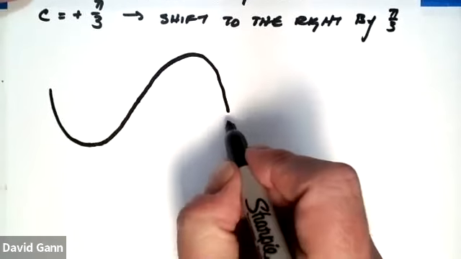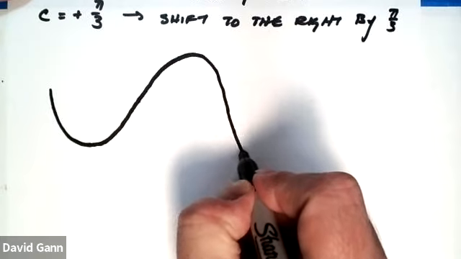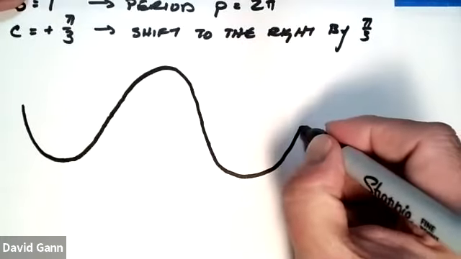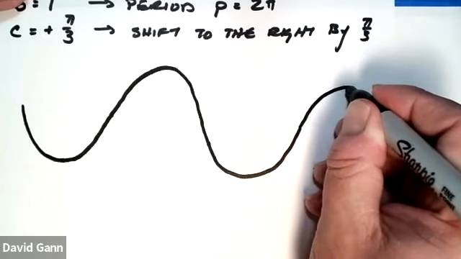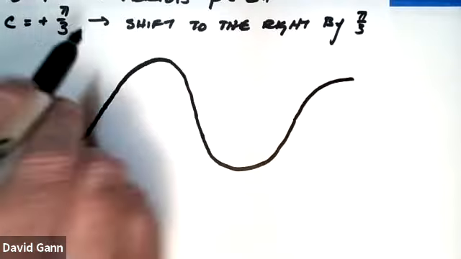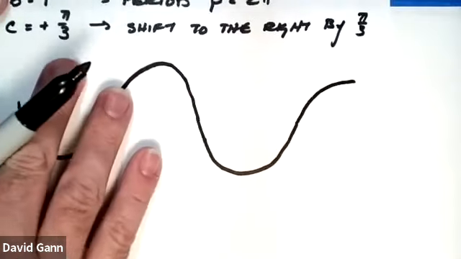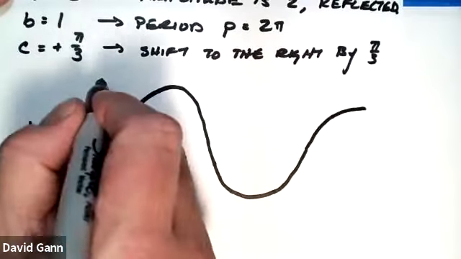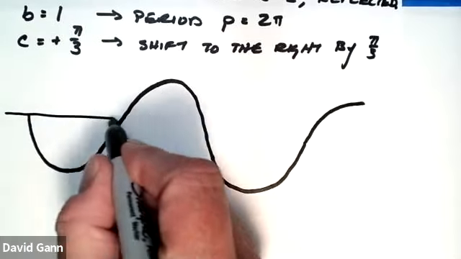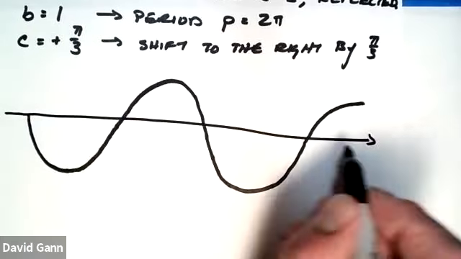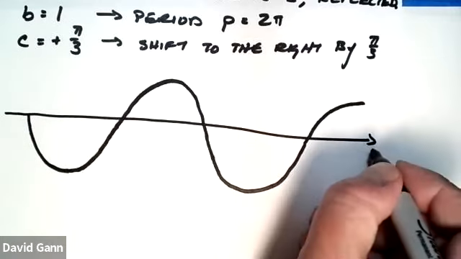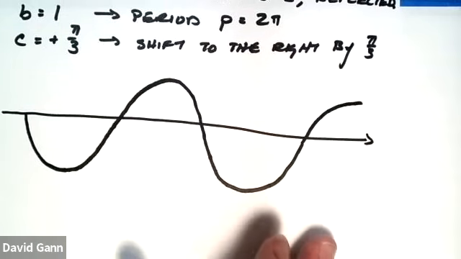And then again, I'll do one more, and maybe just stop right there at a high point. We haven't gotten to it yet, so there is no vertical translation at all. D is actually equal to 0 in the big equation. So the x-axis will lie right down the baseline of this graph.